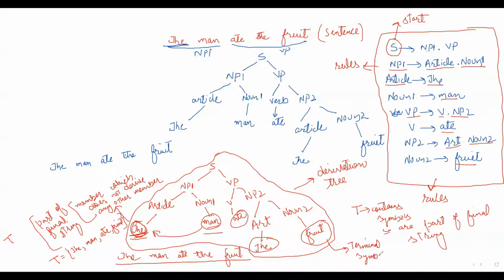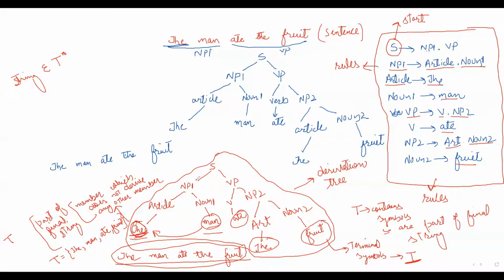They are represented by set T. T represents terminal symbols. Any string that we generate belongs to T star, because these strings can only be generated from this T, and this T contains only these terminal symbols.